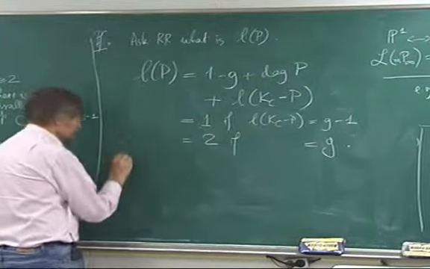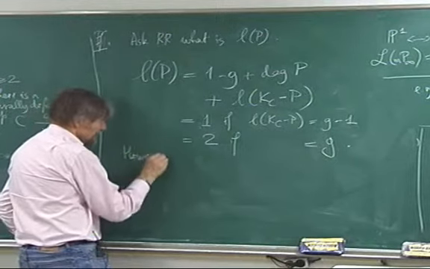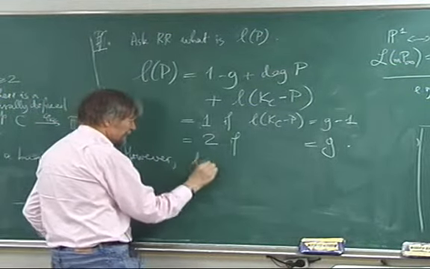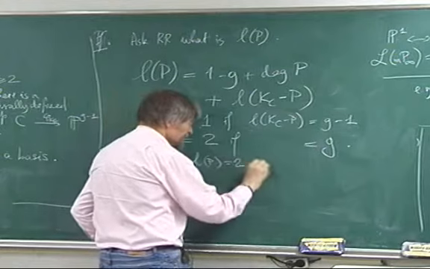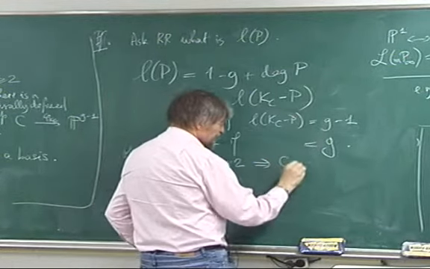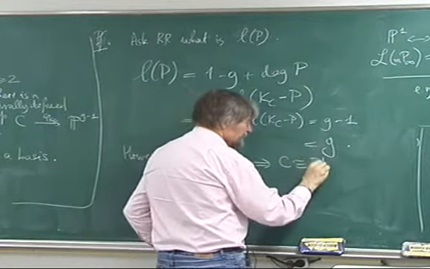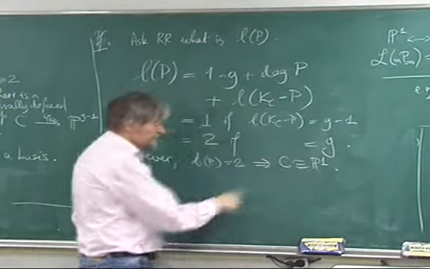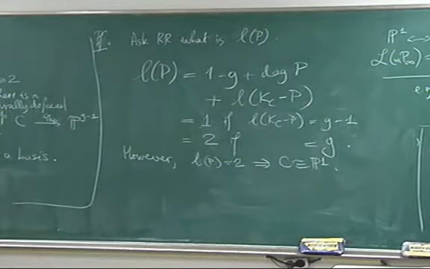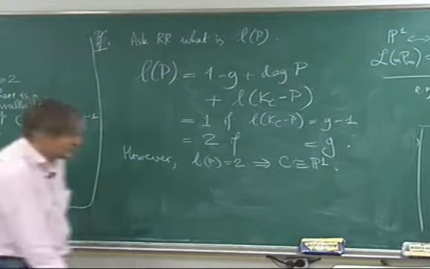However, L of P equals 2 implies that C is isomorphic to P1. So this was in the discussion when I discussed genus 0.